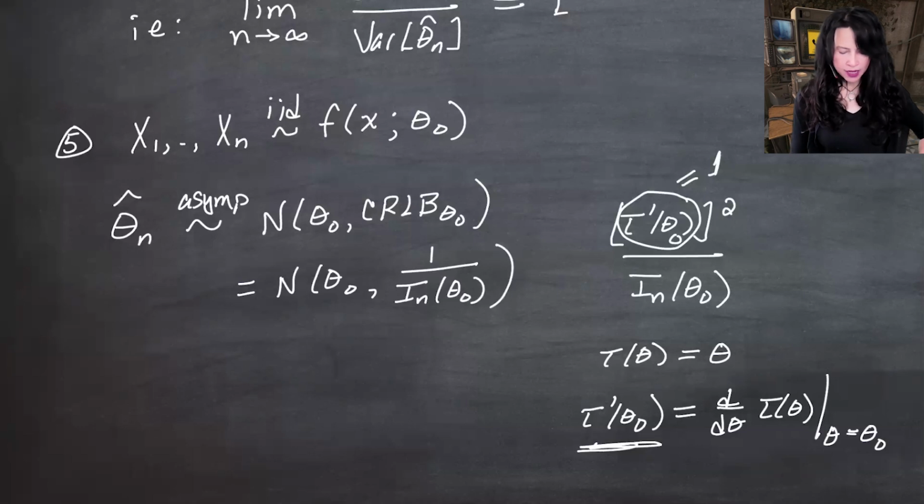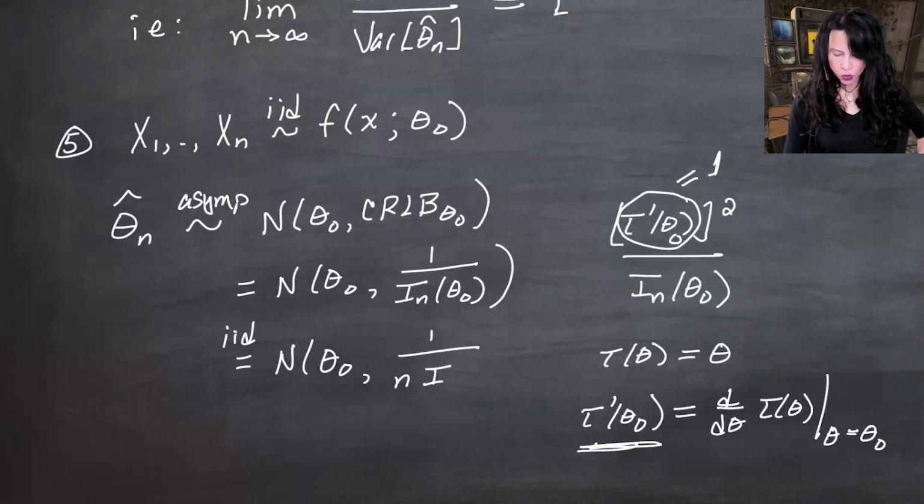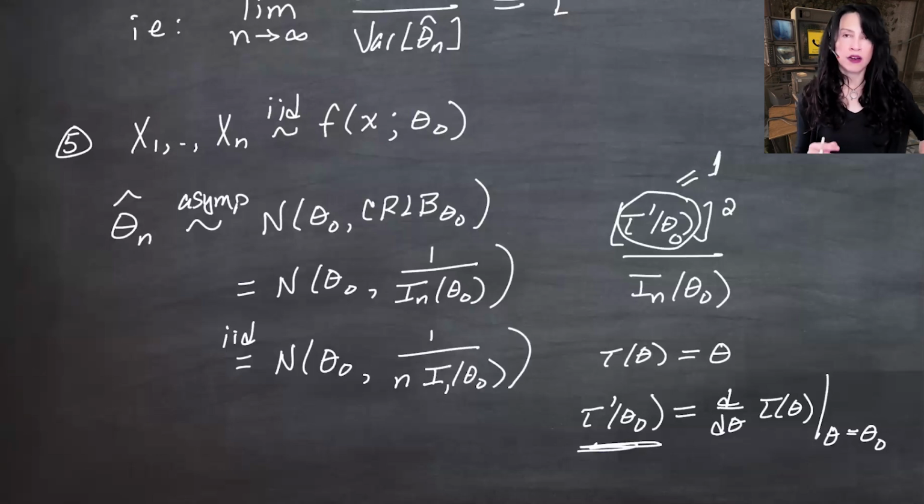And because I'm assuming IID, let's simplify this a little further. We know in the IID case that the n-dimensional Fisher information is n times the one-dimensional Fisher information. That is the information based on a single variable from the list x1 through xn.